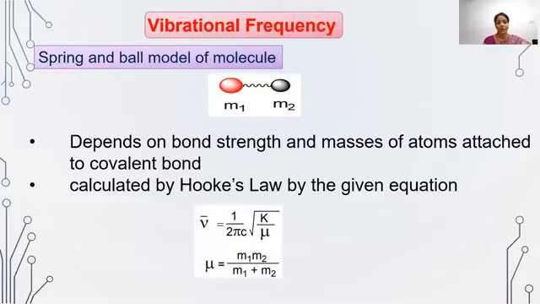The value of vibrational frequency depends on bond strength, that is K, the force constant, and the reduced mass, that is mu. Mu is equal to m1 m2 upon m1 plus m2, where m1 and m2 are the masses of the two atoms. So vibrational frequency, nu bar, can be calculated by Hooke's law by this equation.